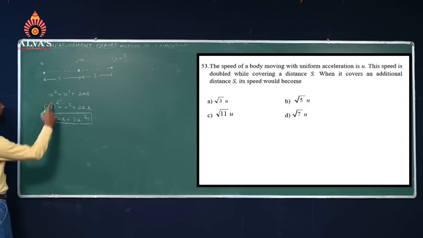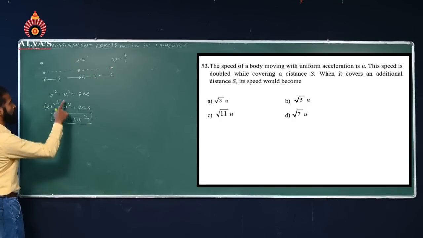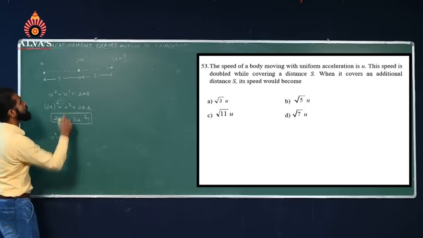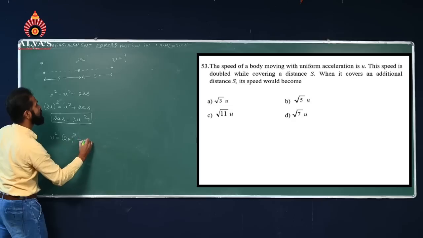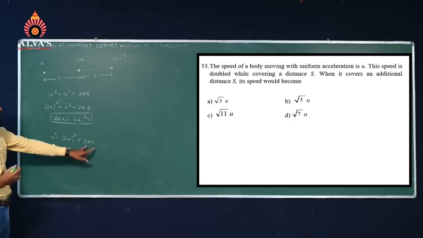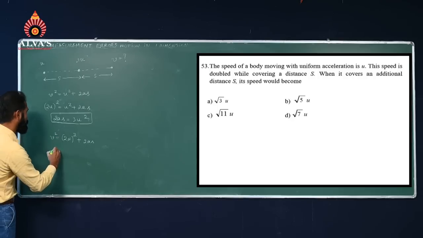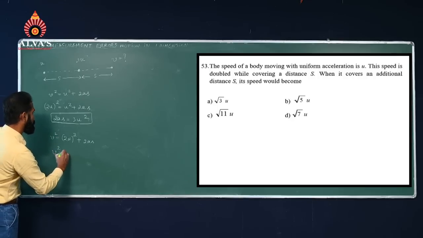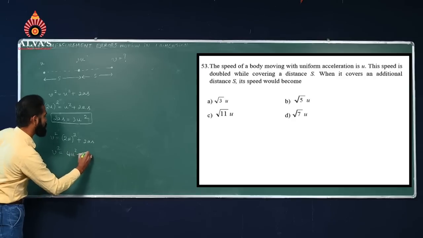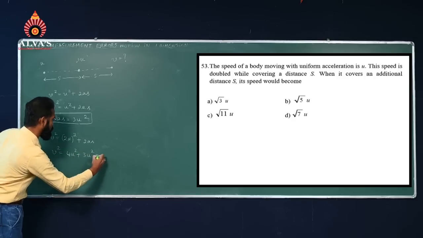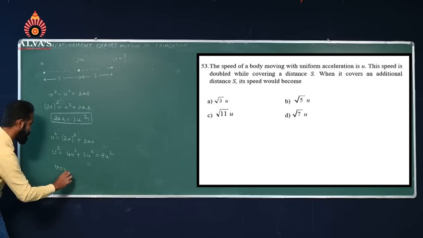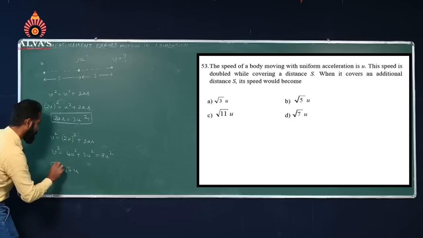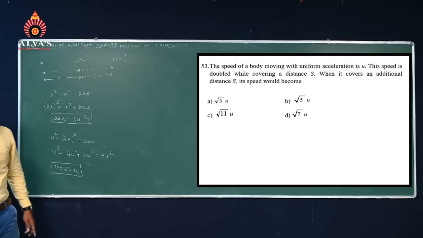Once again, we'll use the same formula, v square is equal to u square, where the initial velocity is now 2u, plus 2a into s. Instead of 2a into s, I can substitute 3u square. So we have 4u square plus 3u square, which together becomes 7u square. Take the square root on both sides. This becomes root 7 u. That is option D.